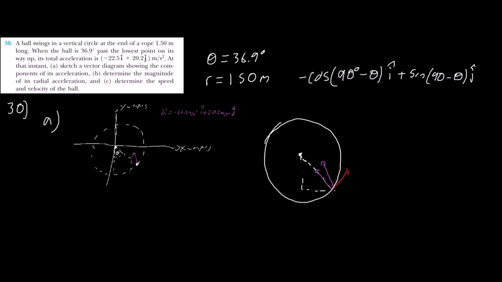And I'm going to take the dot product. Ooh, see what I'm saying, folks? I'm going to take the dot product between A and some vector, let's call it R for now.